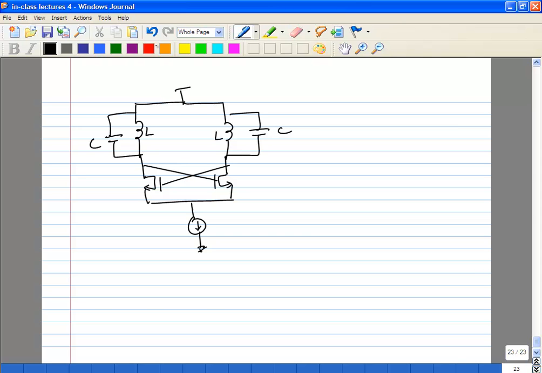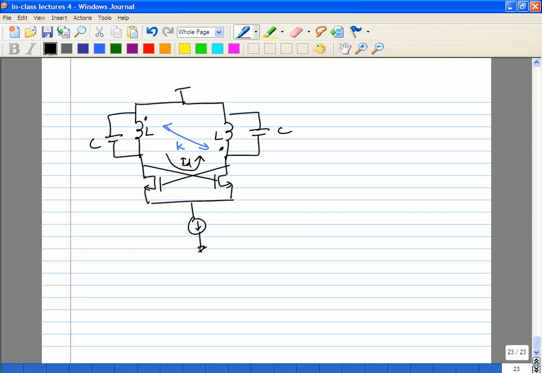Okay, so other techniques which you can use is to use a transformer. Let's say the coupling factor is K. The differential current is going to flow through the circuit, let's say in this direction. So what's going to happen is the differential current is flowing into the dot point here, into the dot point here.